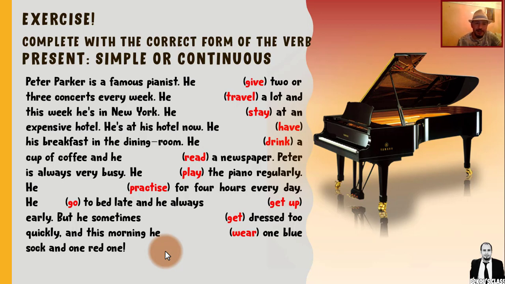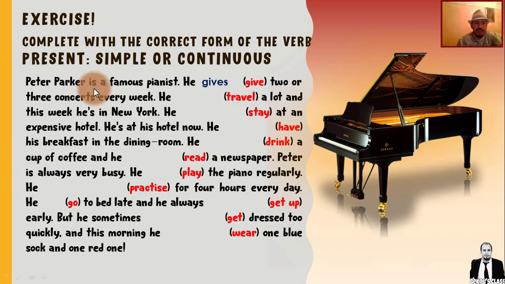Okay, now how can you know if the verb is going to be in the simple present or the present continuous? You have to pay attention to the time markers in the paragraph. As always, stop, pause, do the exercise, and then come back and check. So we have number 1, he gives 2 or 3 concerts every week.